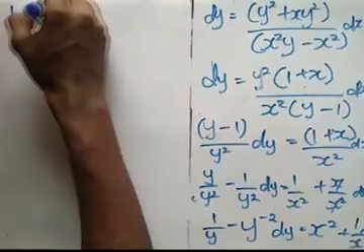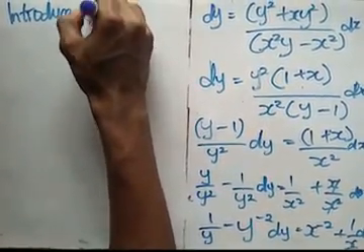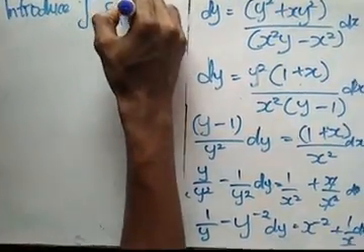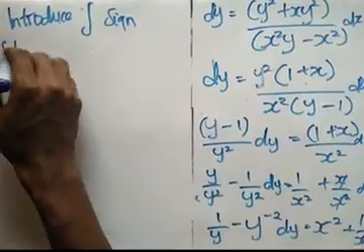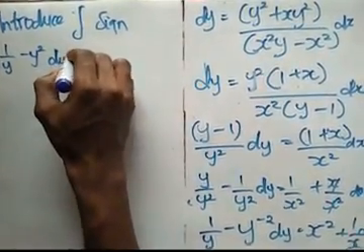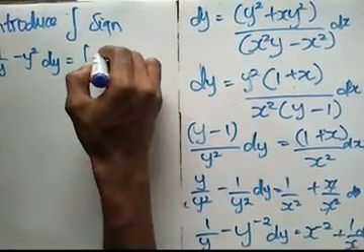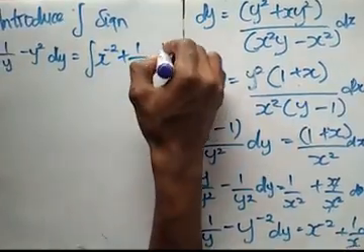So we have the integral of 1 over y minus 1 over y squared dy equals the integral of 1 over x squared plus 1 over x dx.